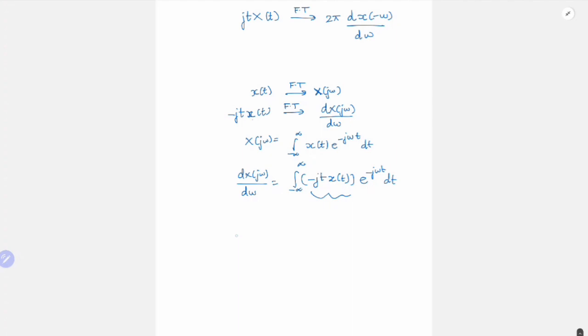Similarly, we have the time shifting property. x of t minus t naught was giving us e power minus j omega t naught X of j omega. So we want to see what happens if it is X of j into omega minus omega naught. So it is like the frequency shifting. What happens when we shift the frequency?